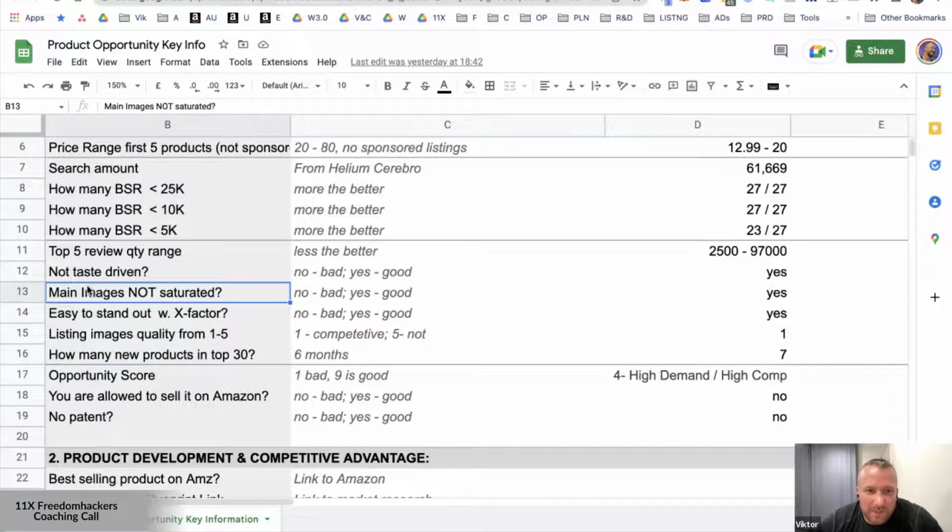And of course, main image is not saturated. You're able to stand out, super important. And taste-driven can also be fine sometimes. For example, if you go to the furniture market, furniture is a really taste-driven area. But then again, furniture is a peaceful area. It's big, large items that probably don't sell a lot.